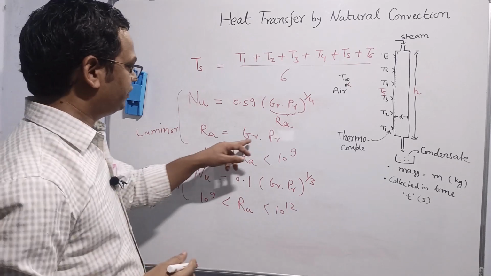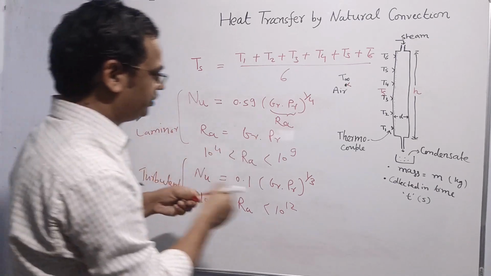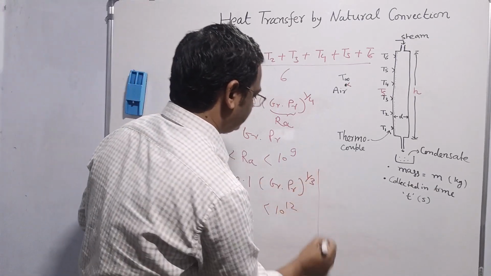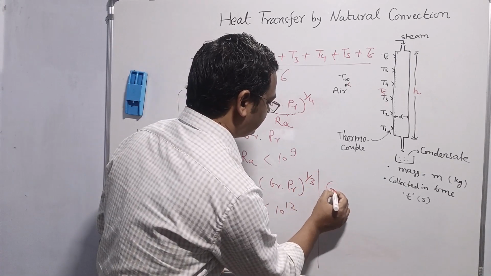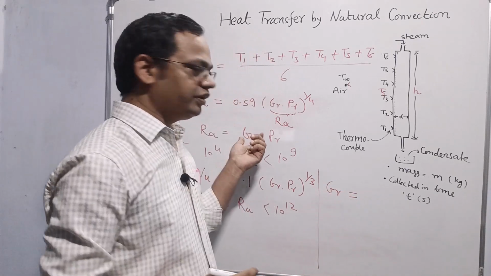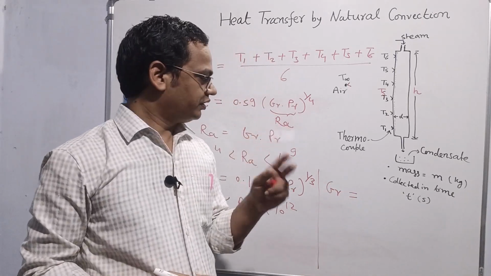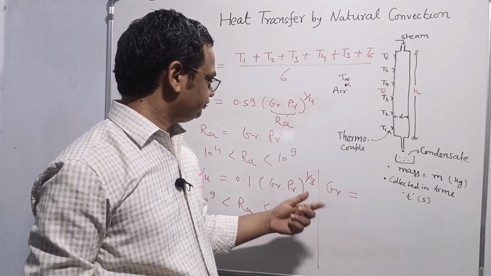Let's see what is Grashof number and what is Prandtl number. First we'll see Grashof number, Gr. Grashof number compares two forces. One is the buoyancy force and the other one is the viscous force.